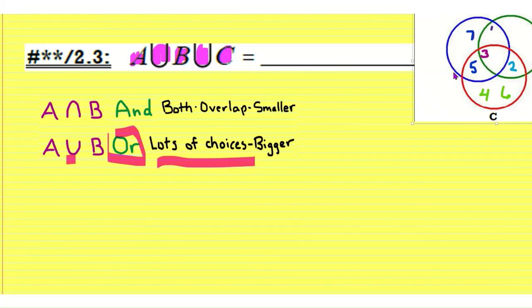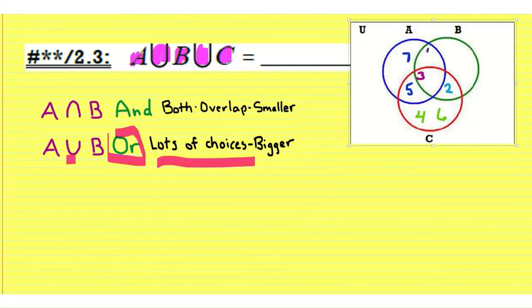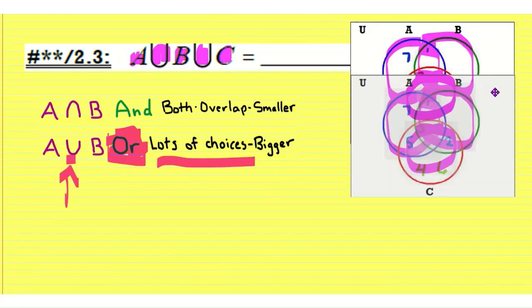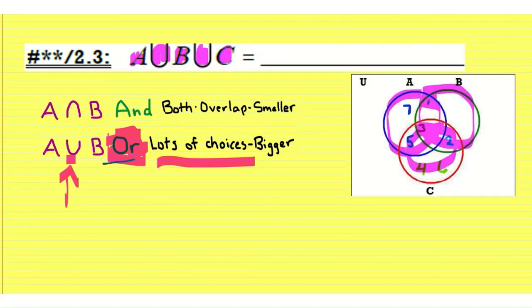So that means that we are going to identify everything in all 3 circles. So all the circles are going to be included anytime we talk about or, which is the union symbol. So that means everything. That's going to be actually a pretty big set, because or tends to be bigger answer sets.